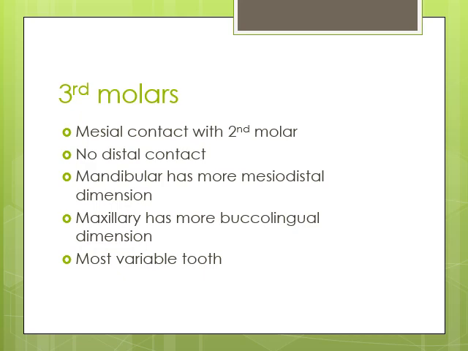The difference is that in the mandibular teeth the mesiodistal width is more than the buccolingual width, and the maxillary third molars have more buccolingual dimension than mesiodistal dimension, right? They are the most variable teeth, and among the molars they are the smallest of all. They are very variable in terms of crown and root morphology, right?